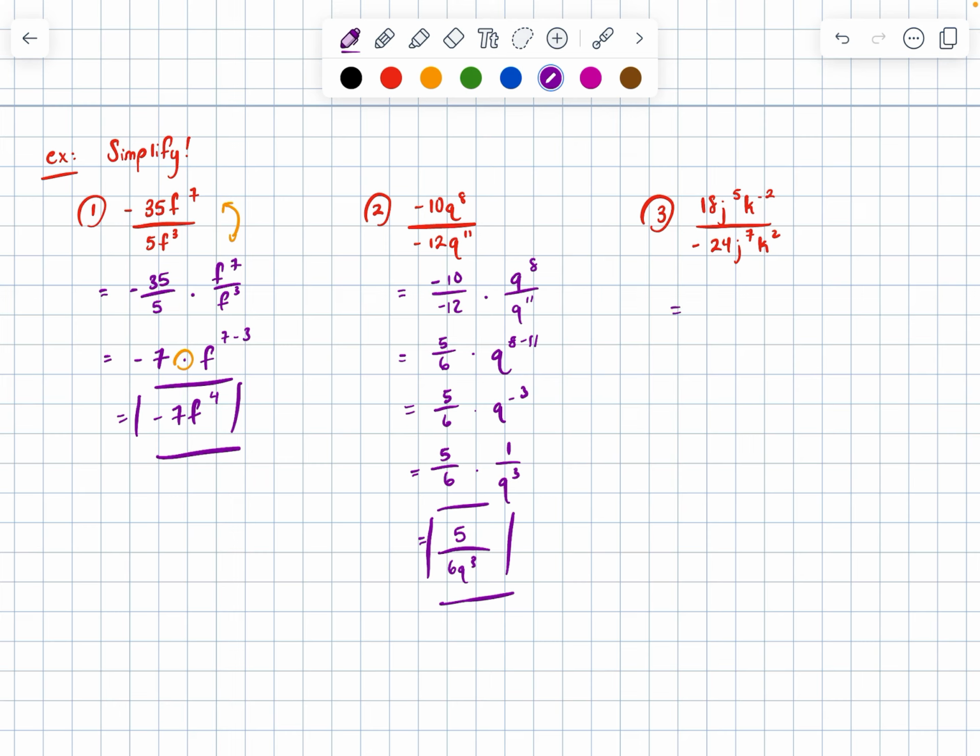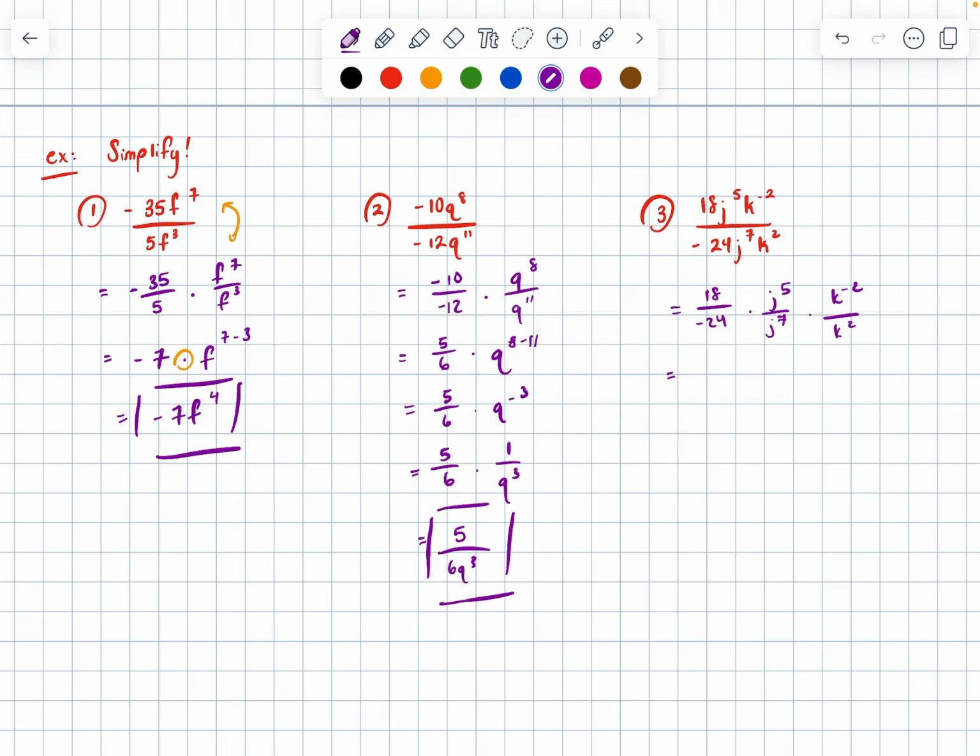So again, let me create some chunks. 18 and -24, I know how to divide those. So let me also chunk my j's together, j to the 5th and j to the 7th. And then finally, let me also chunk my k's, k to the -2 and k to the 2nd.